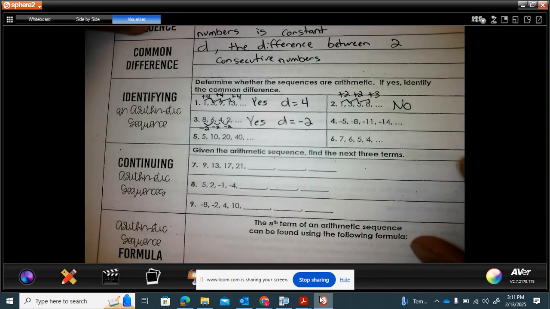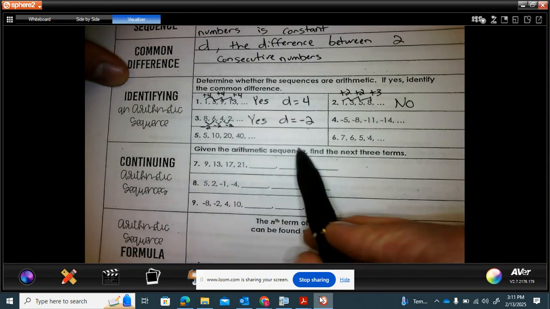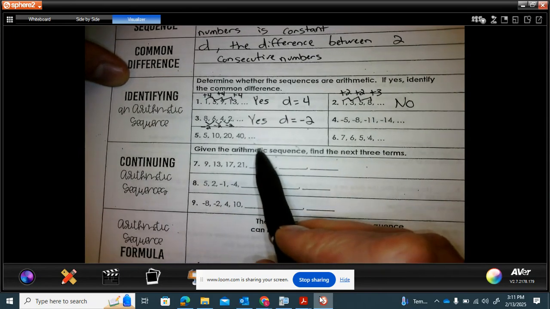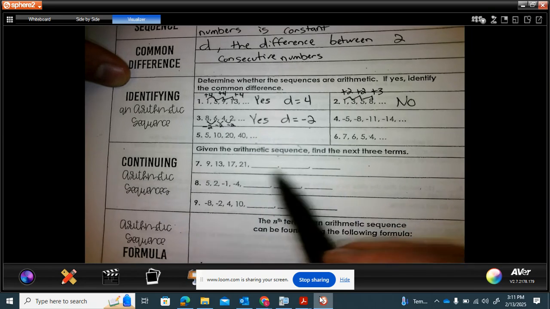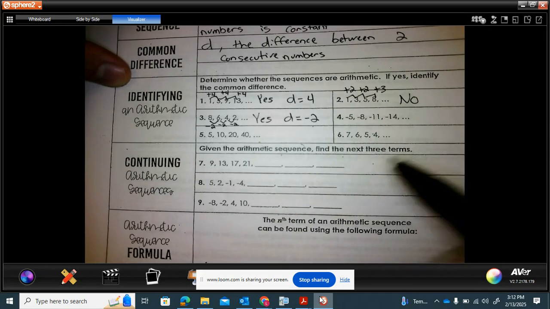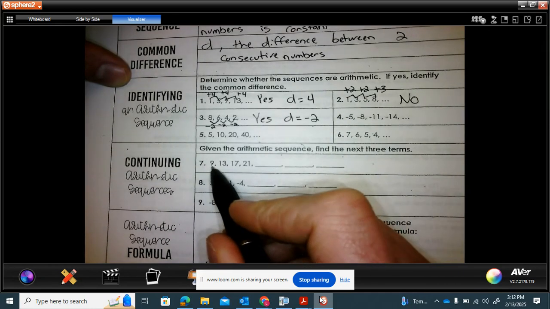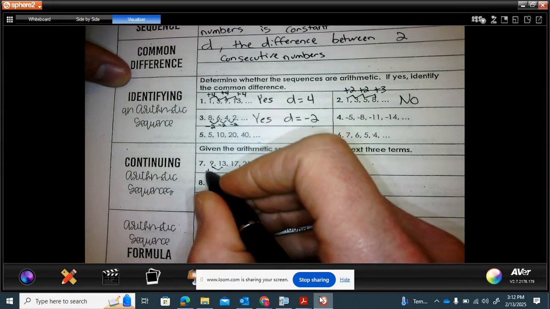And so this time in questions 7, 8, and 9, you're given the arithmetic sequence. We already know it's an arithmetic sequence, so now we need to find the next 3 terms. All you've got to do is figure out the difference and then continue to add or subtract the difference. So for example, to go from 9 to 13, you add 4.